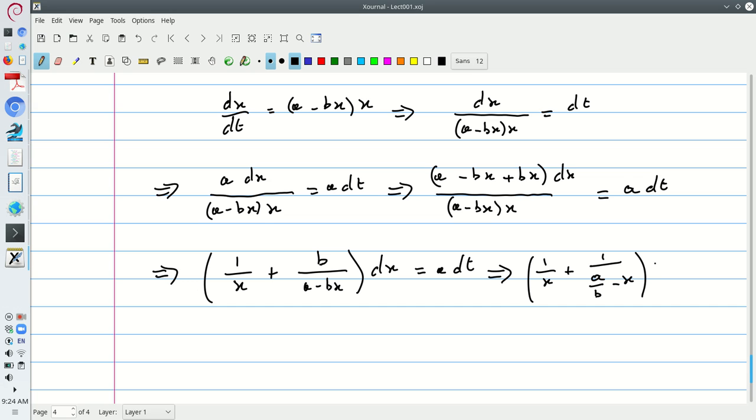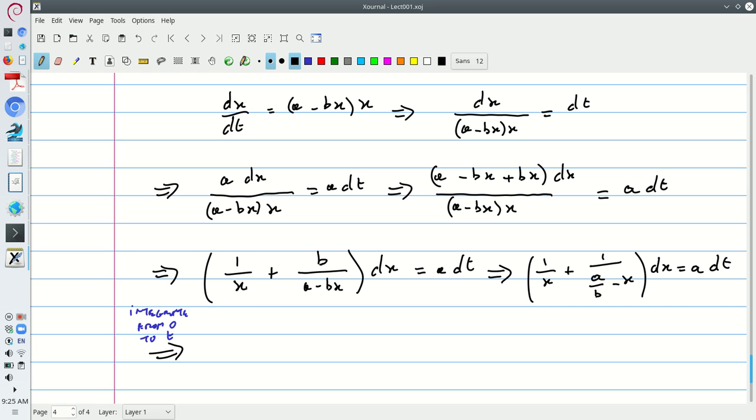This is going to be very easy to integrate now. dx equal to a dt. Now the next step is actually to integrate from 0 to t. What I mean by integrating from 0 to t is that I'm going to integrate the left hand side from x at time 0 till x at time t, and the right hand side from t equal to 0 till t equal to t.